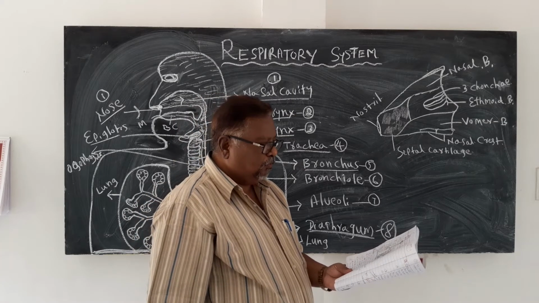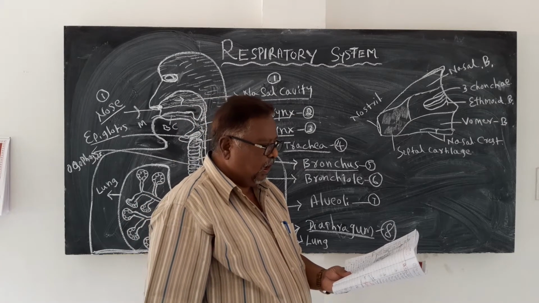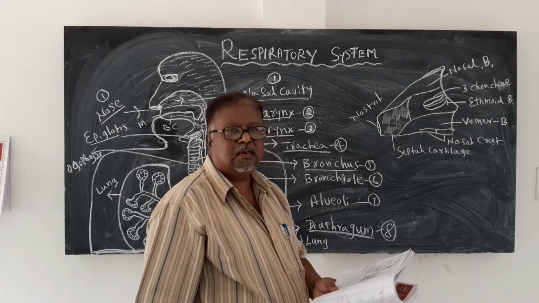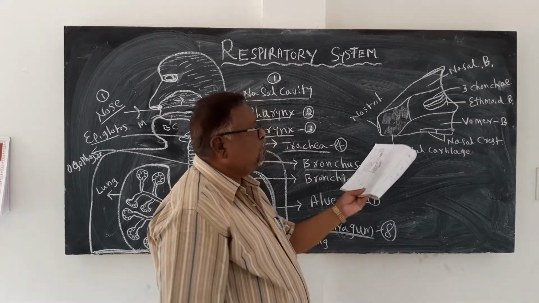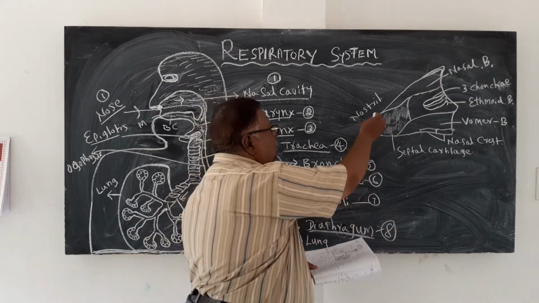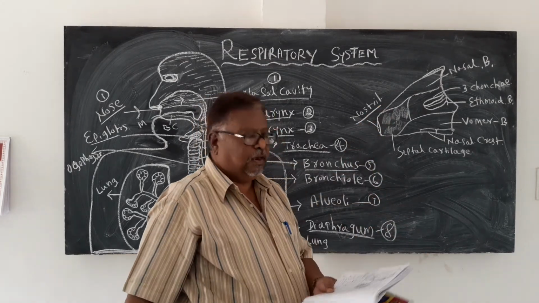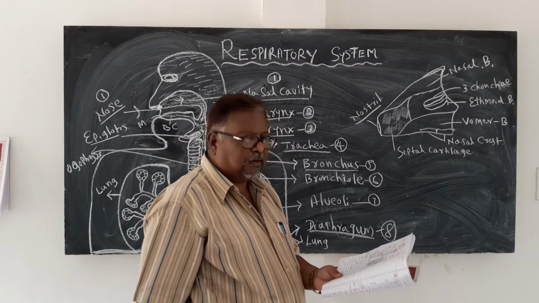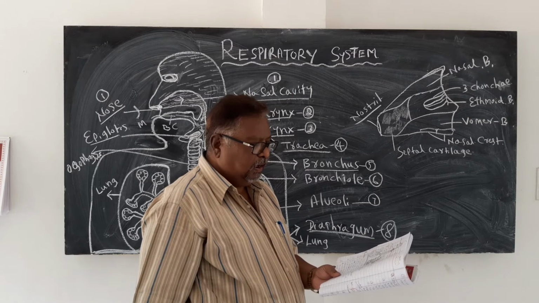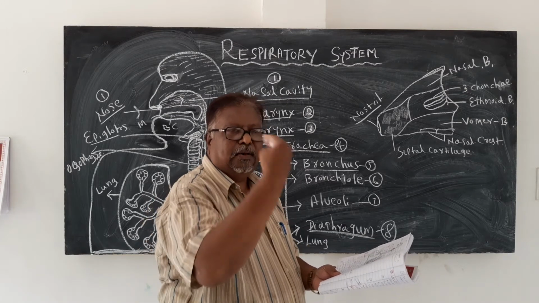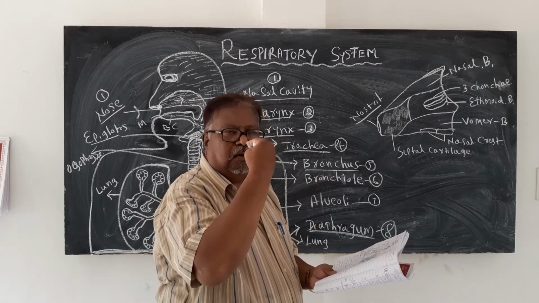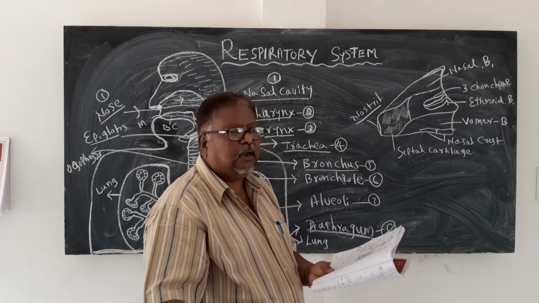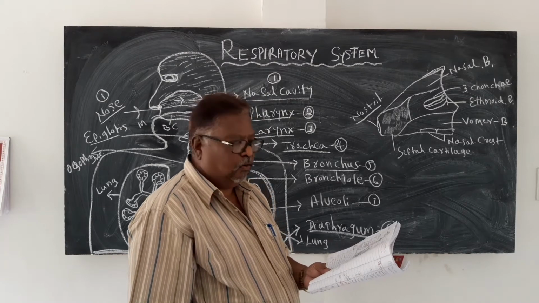The nose is a part of the respiratory passage and a major entrance and exit for the system. This is the nostril or the nose, which is a major entrance and exit. The air goes through the nostrils inside, and the air is expelled out through the nostrils or the nose.